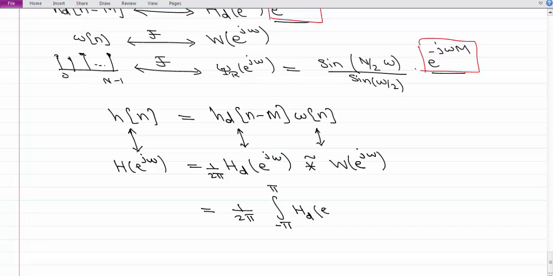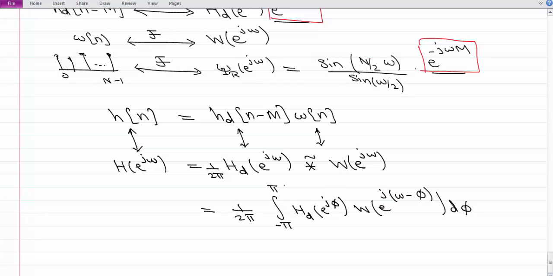So you fix one variable, and you flip the other and then you shift it. So the convolution expression is exactly the same, except that the limits of convolution go from minus pi to pi. Okay.